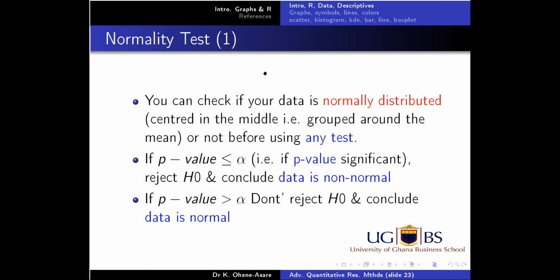We have three main alphas: 1%, 5%, 10%. Now let me give you a better understanding of alpha. Alpha is a certain benchmark criterion which has been set.